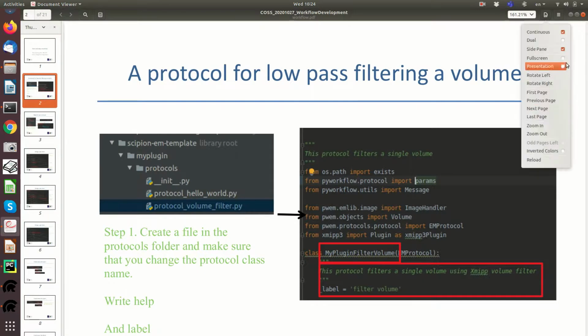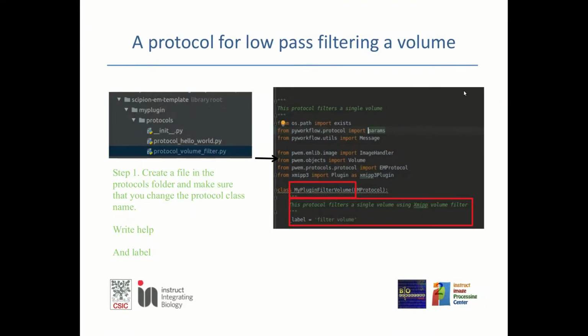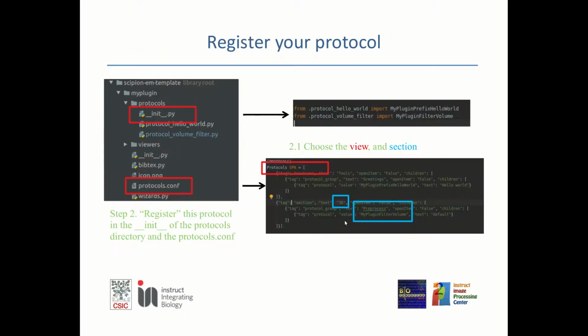Let us go to the presentation again. So the two important parts are create the file, give the class name, write the help, and the label. So next is to register this protocol and to let Scipion know that this protocol exists. And to do so, you have to edit the init.py inside the protocols folder.